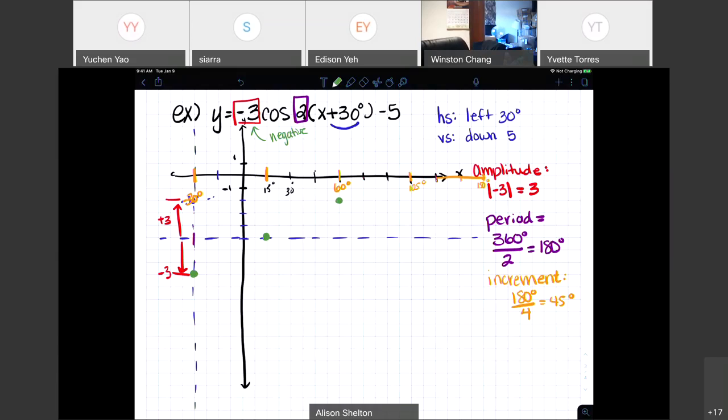The next important point, which is 105 degrees, we're going to be at the midline again. And at the next important point, which is 150 degrees, we're going to be back where we started. We want to curve these through and show that they keep going forever by putting some arrows. And that's graphing 1 period.